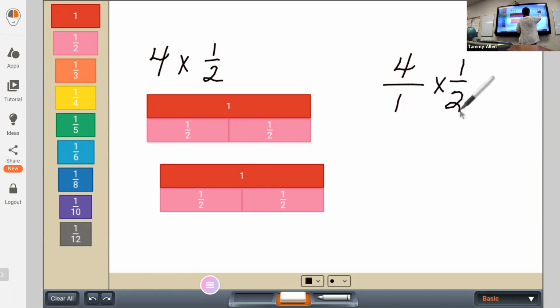Times 1/2 equals 4 halves, right? And what's 4 divided by 2? We end up with our 2. Does that make sense?